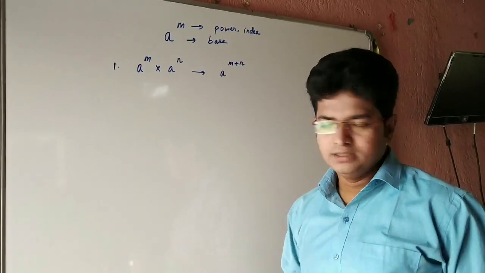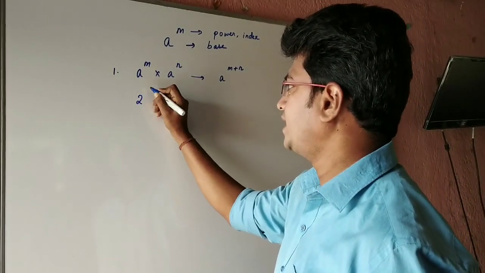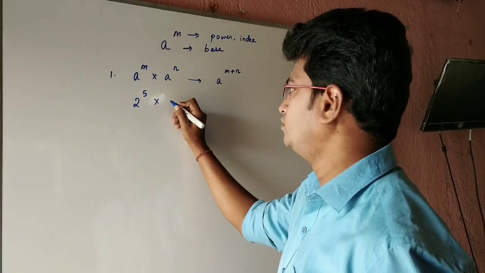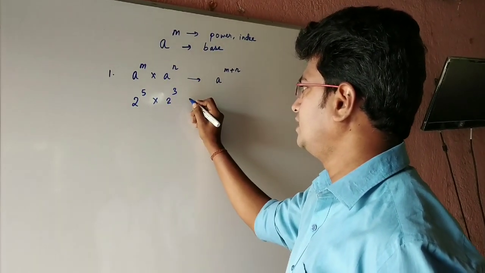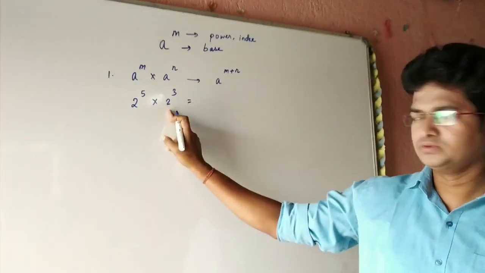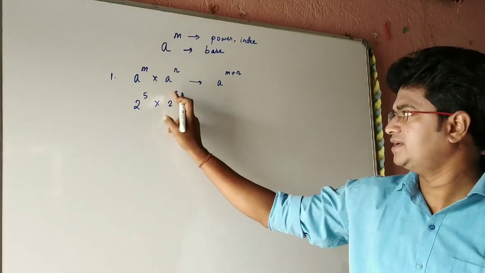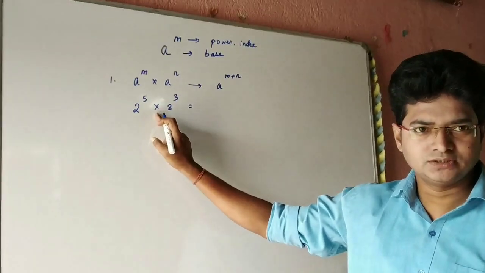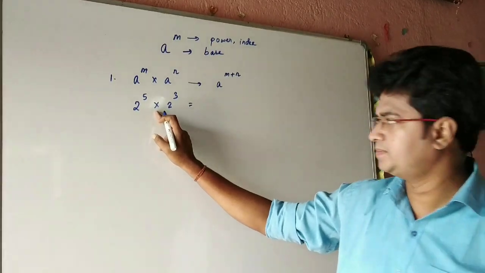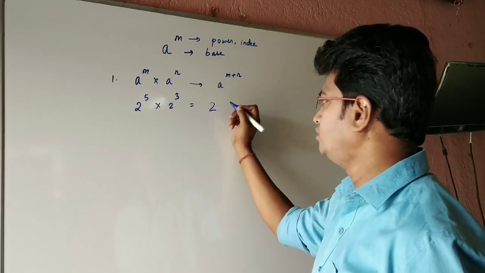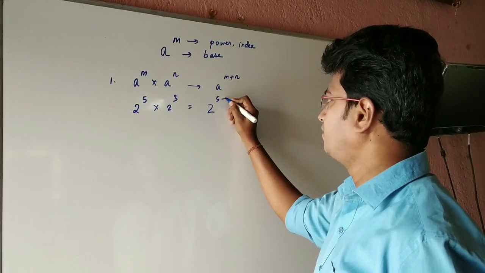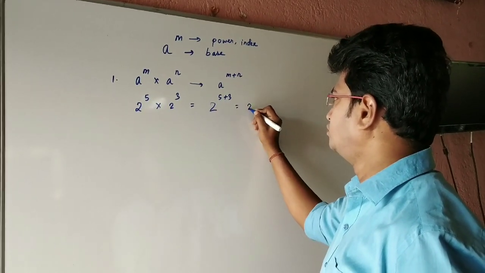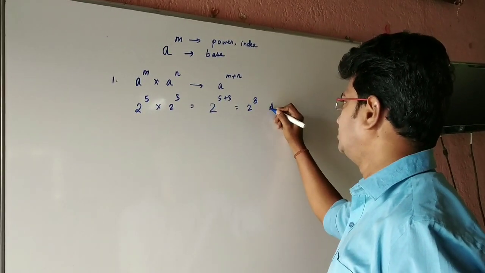For example, 2 to the power 5 into 2 to the power 3. Here the base is 2, the powers are 5 and 3, and it is given in multiplication. So we simply add up the power. So it will be 2 to the power 5 plus 3, that is 2 to the power 8. This becomes your answer.